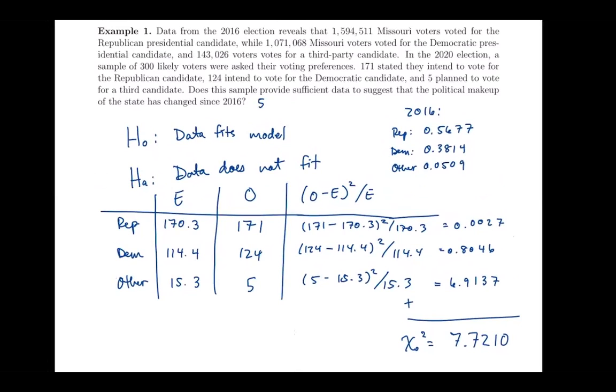I meant to. Let's just say we're looking at 5% statistical significance. We have 2 degrees of freedom, and it turns out that our cutoff there is going to be 5.99.